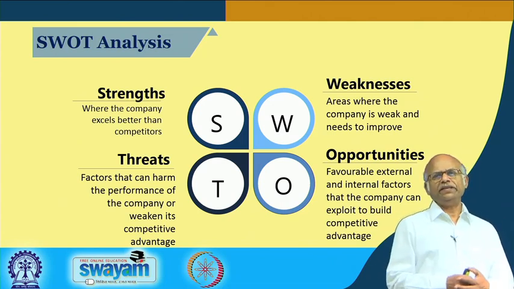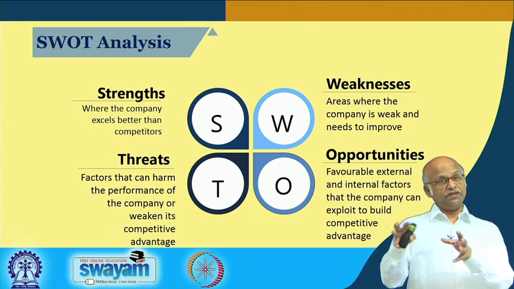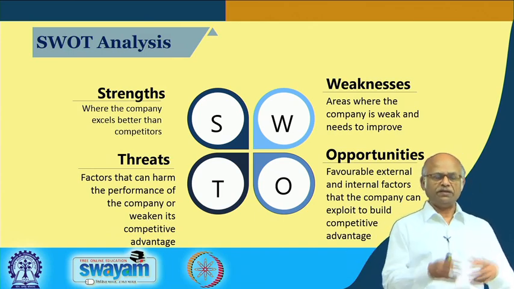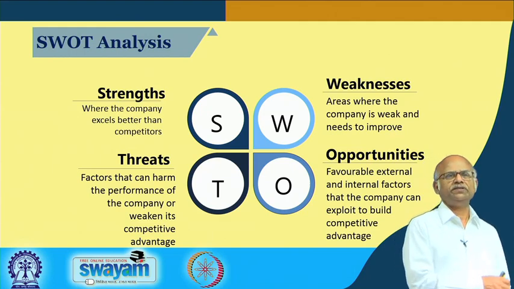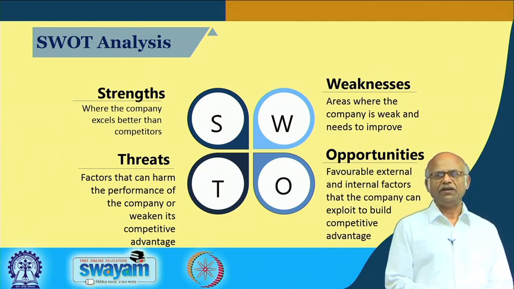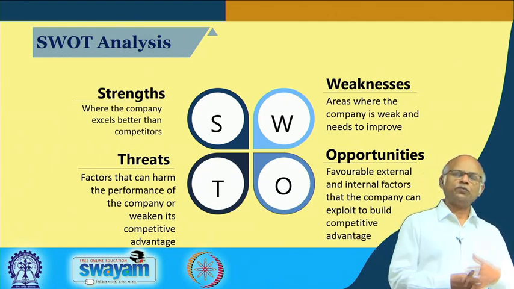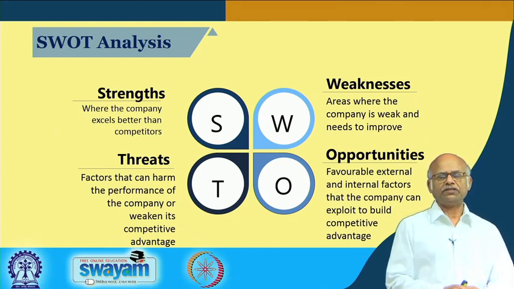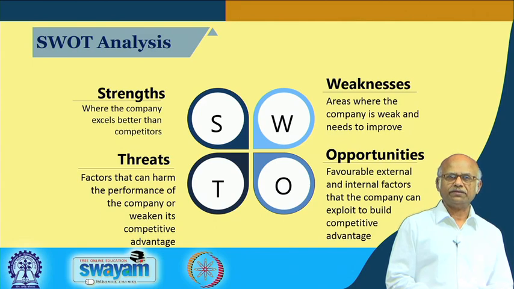Weaknesses are where the company is weak and needs improvement. So, you identify where you need improvement through market research. The customer will tell you that I do not like your product because of this. So, that is your weakness, or maybe your competitors are providing better features, you are not. So, you get to know that information and alleviate the weakness.